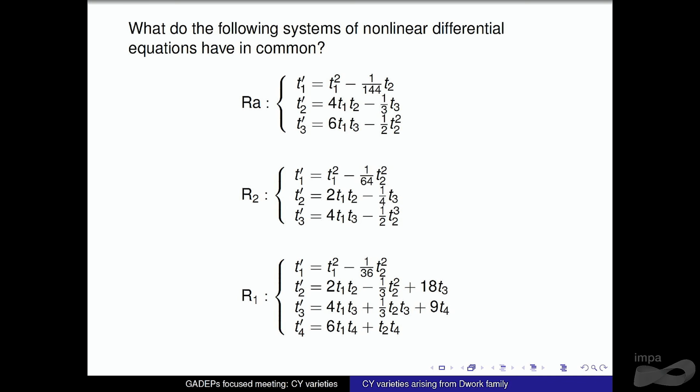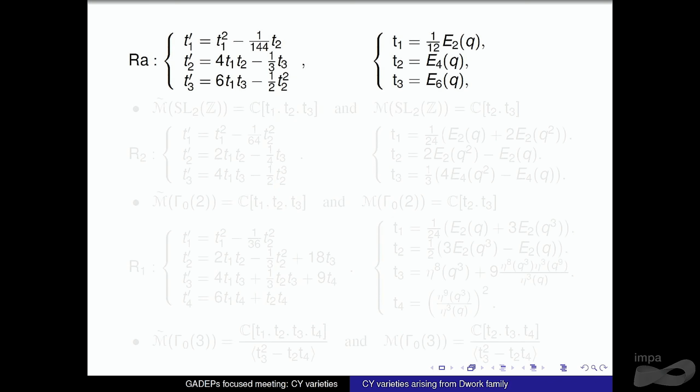But what other properties can we find, let's say geometrical or algebraic properties, or with respect to solutions? Actually, this first system here is the Ramanujan system.